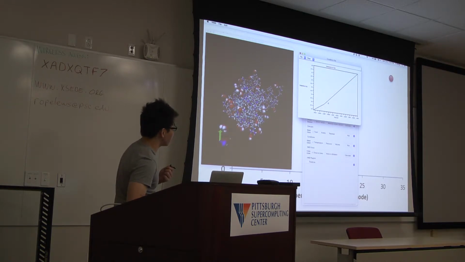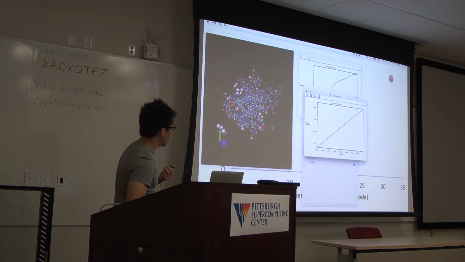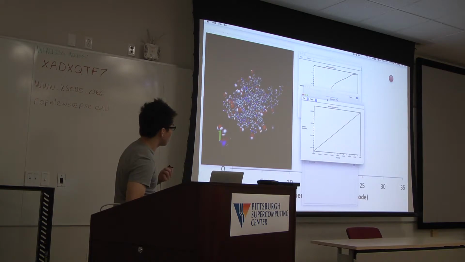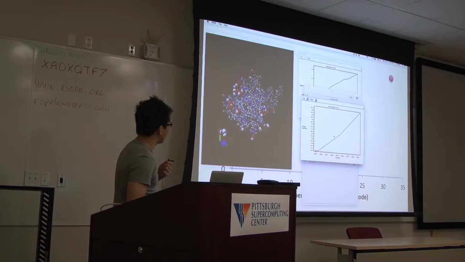You can see the temperature is going up, so the x-axis is the time and the y-axis is the temperature. You can see it's actually heating up. And you can do a lot of things like RMSD, and let's plot the kinetic energy. I'll show that after this. So it's that simple.